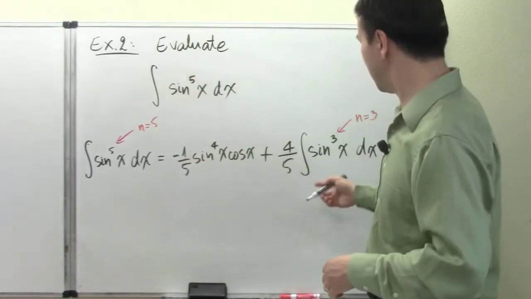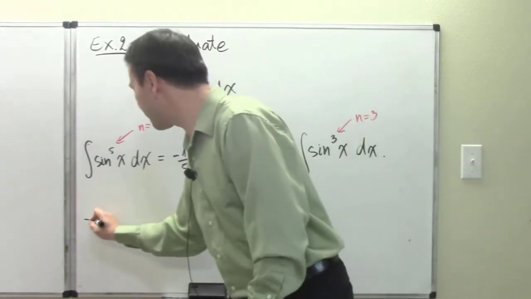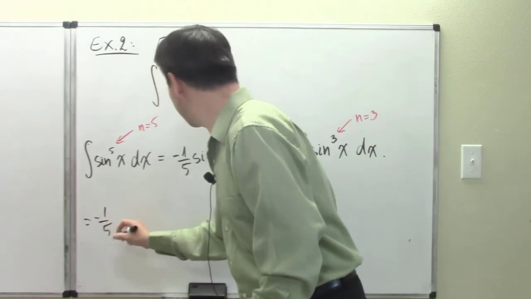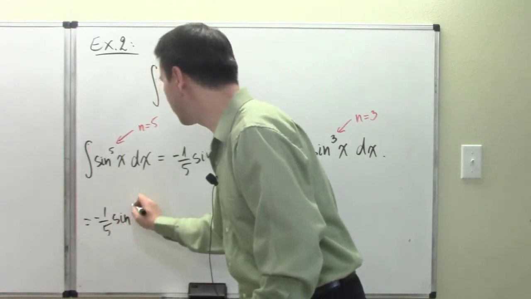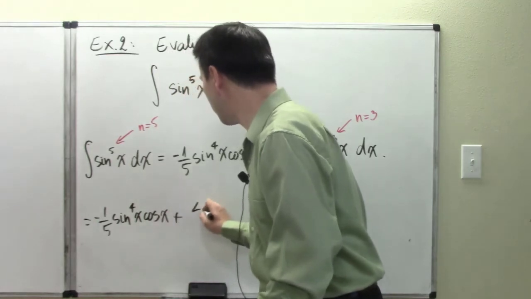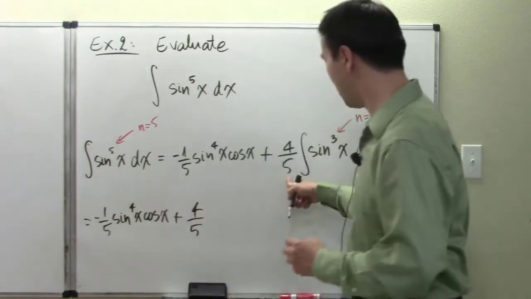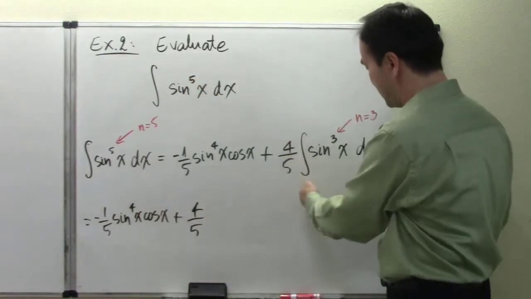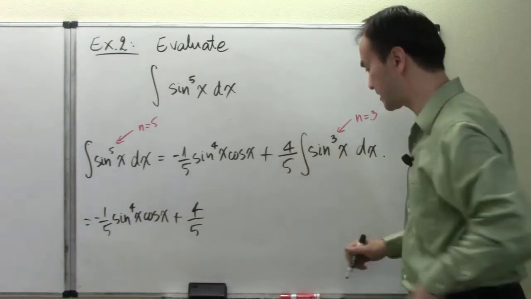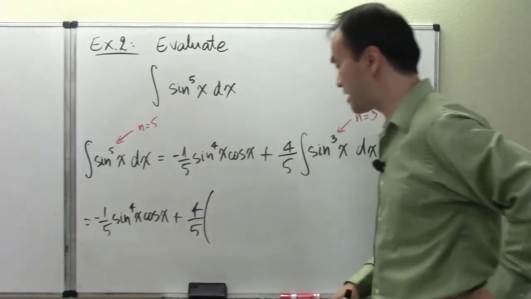In my next step, that term is done. It's negative 1/5 times sine to the 4th of x times cosine of x, plus, now 4/5 is a coefficient. Now I'm going to apply the reduction formula again for this sine cubed of x, so I'm going to open a pair of parentheses.